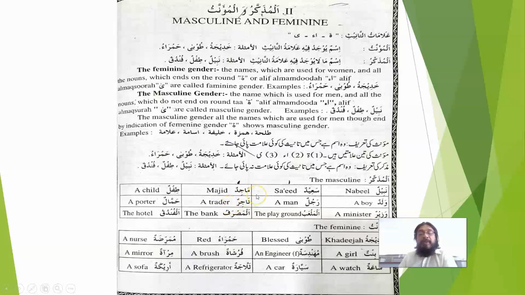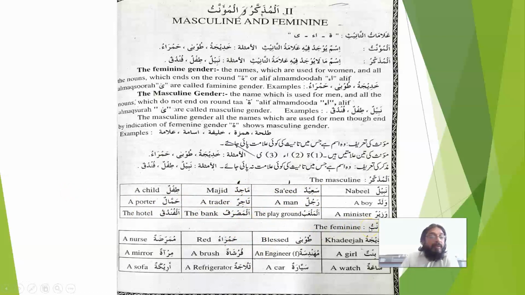If the examiner asks you to write some masculine names, it is up to you to choose the easiest ones among these. Waladun, masculine. Rajulun, masculine. Majid is the name of a person. Tiflun, Hammalun. Whatever you want to write, you can practice, in case of being asked to write some masculine names.